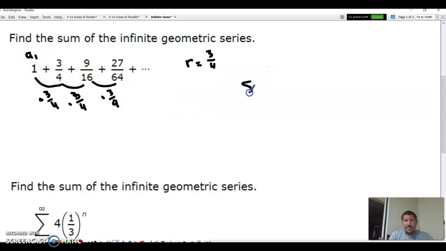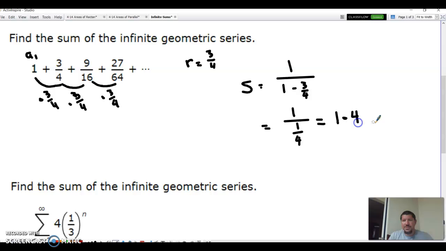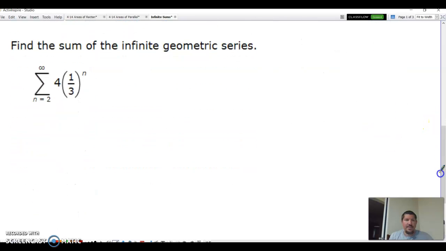So my sum is 1 over 1 minus 3/4. Well, if I do a little math, that's 1 over 1/4. When I divide 1 by 1/4, that's like 1 times the reciprocal of that, or 4. And so in this case, my infinite sum is 4. Pretty simple, not too bad.